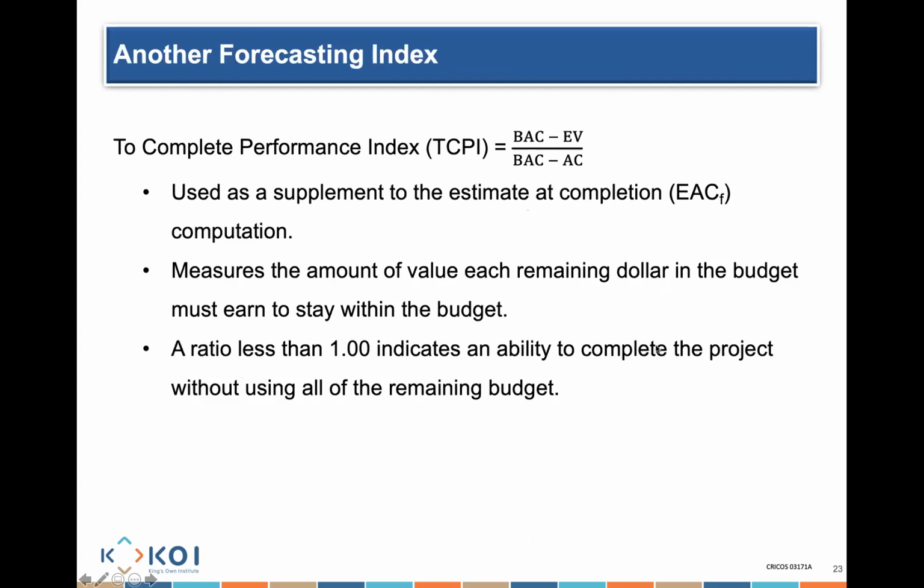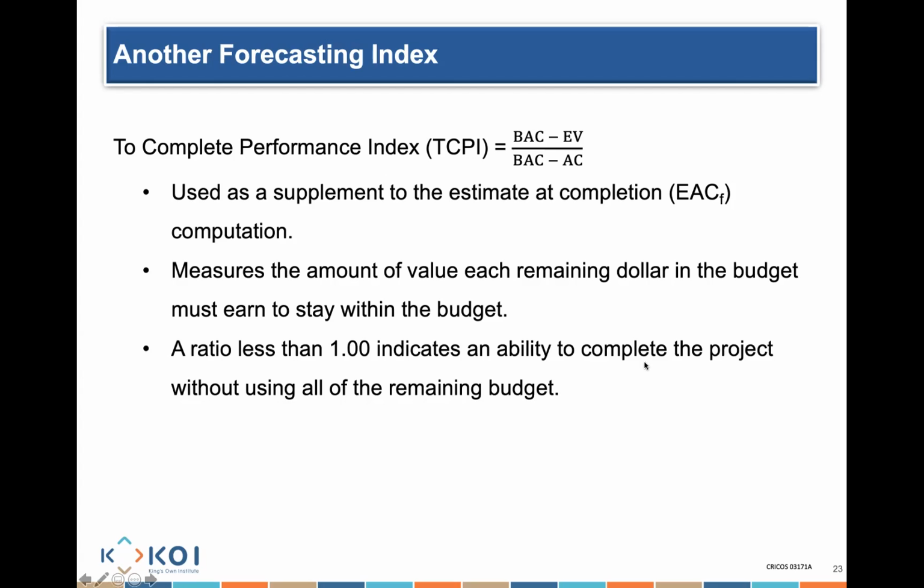There are other indexes, such as the to-complete performance index: how much do I need to earn to be able to complete my project appropriately. A ratio of less than 1 means for every dollar that I'm spending, I need to be earning less than $1 worth of work. That's awesome.